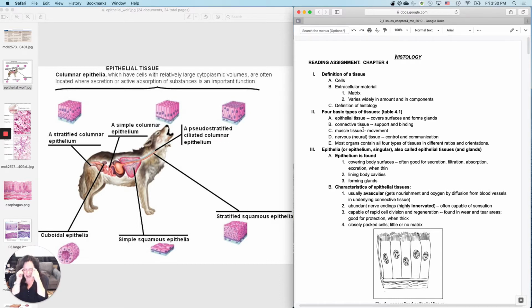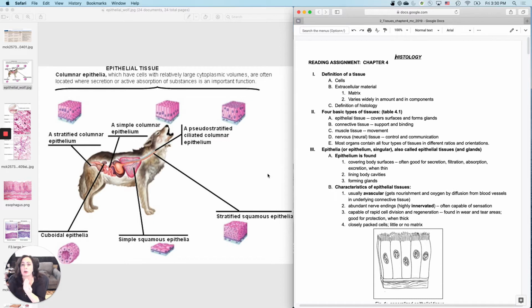So let me just conceptualize that with you. If you were looking at my heart or at this dog's heart, you would have lining the inside of the heart, because it was lining something, that would, for instance, be an epithelial tissue. And then going from the inside of the heart, the next tissue you'd run into would be a connective tissue between that and the cardiac muscle tissue, right?